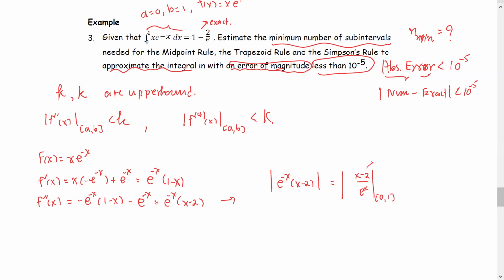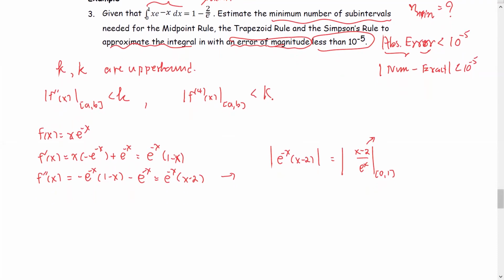If you plot the graph of this function, you can see that it is decreasing. If not, you can estimate the value: at the point 0, we have negative 2 divided by 1, which has the maximum absolute value of 2.